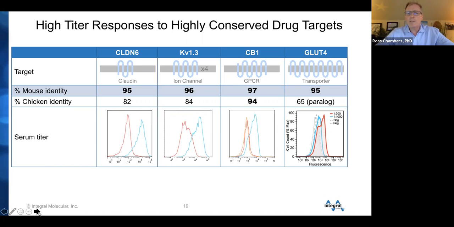All of these are complex membrane proteins, and all of them have greater than 95% identity to mouse, meaning that immunizing mice is going to be a real challenge because of immune tolerance. However, when you compare that identity to chickens, you see this much lower identity, at levels where generally immune tolerance is not a problem. And here are some examples showing that when we immunize these highly conserved targets into chickens, we get robust immune responses to them.